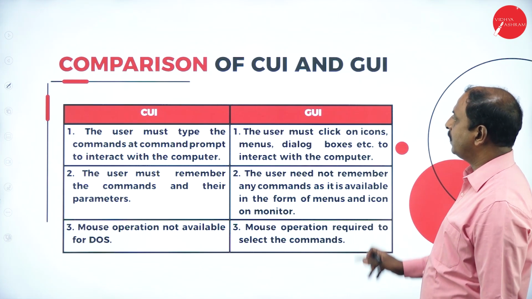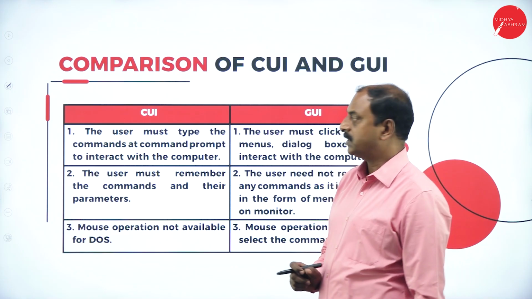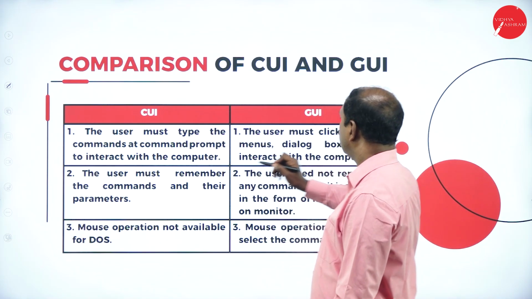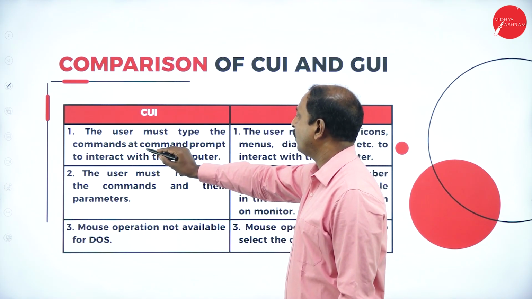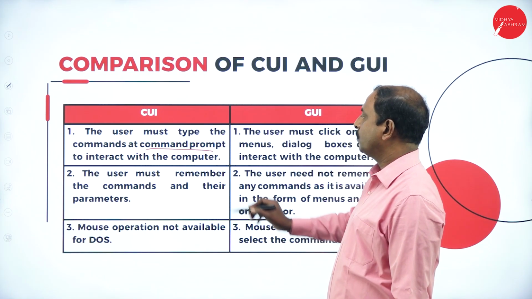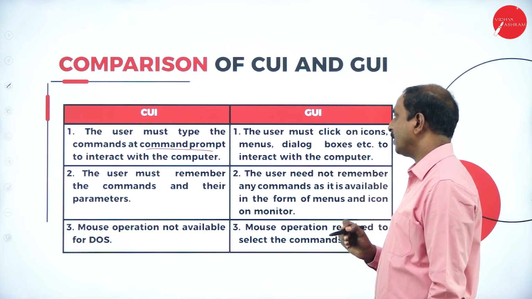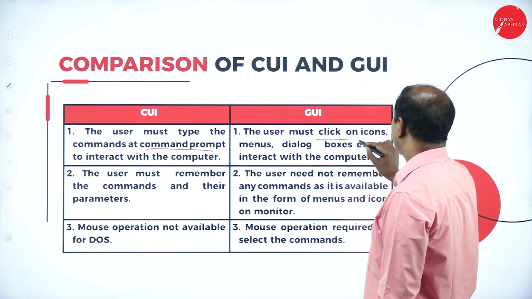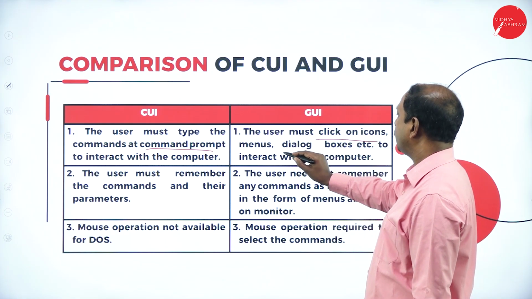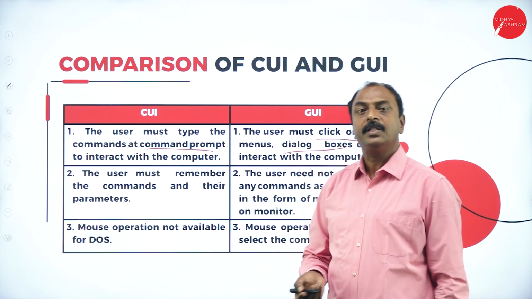Now let us see the difference between these two types of interfaces, CUI and GUI. In CUI, the user must type the commands at the command prompt to interact with the computer. But in GUI, as we have seen, the user uses the mouse. By clicking the icons, menus and dialog boxes, he can work with the computer.